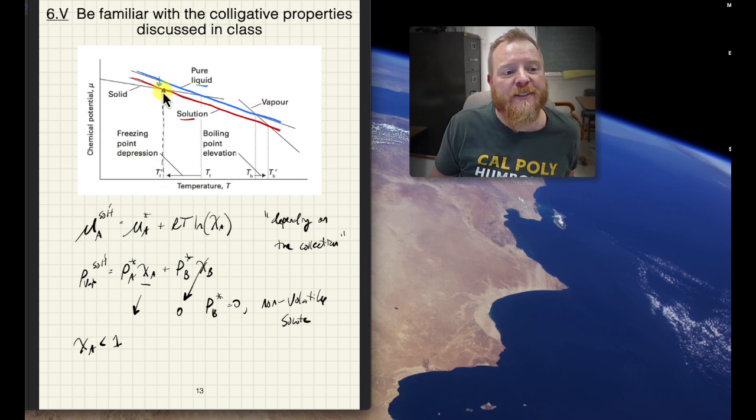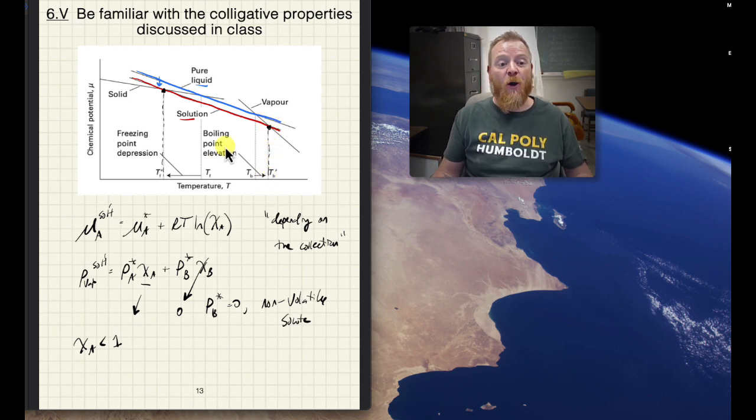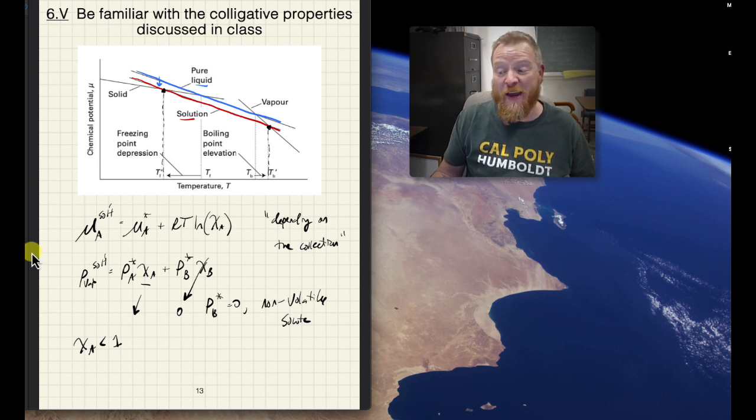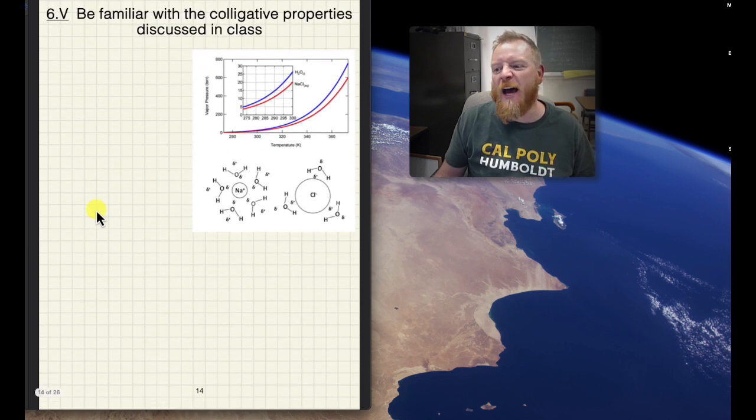And now you can see that the liquid chemical potential, or really I should say the solution chemical potential, crosses the vapor line now at a higher temperature owing to boiling point elevation. Okay. So we can see that that's true with the chemical potentials, but let's flesh that out a little bit more in more detail.